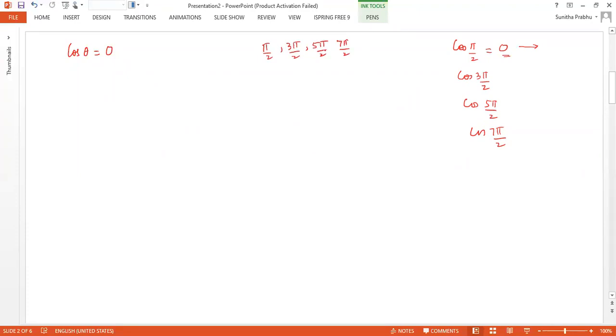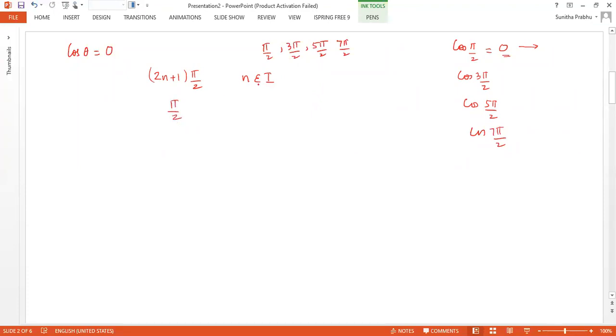If I take this as (2n plus 1) into pi by 2, let's examine this. If n belongs to integers, let's only take positive integers for now. Negative also it is going to work. N is equal to 0 gives pi by 2.